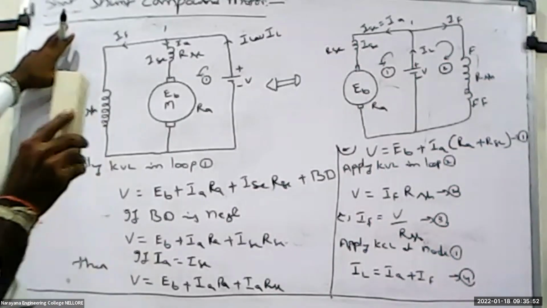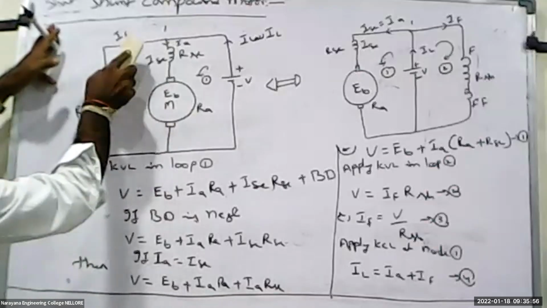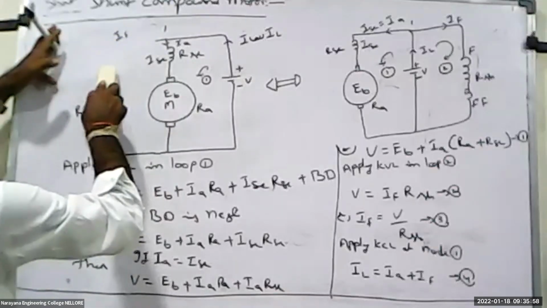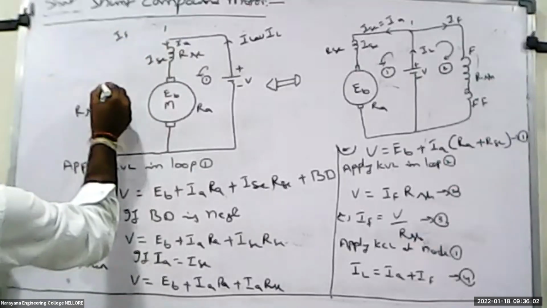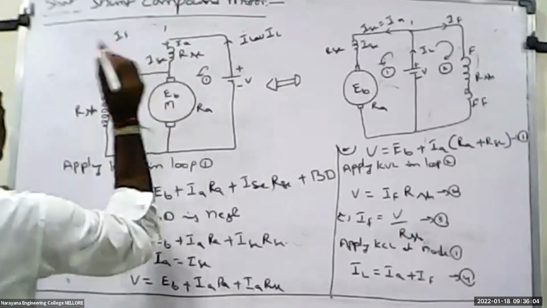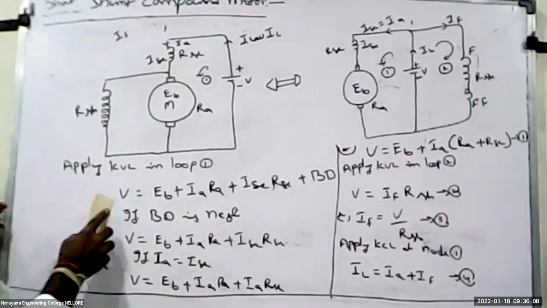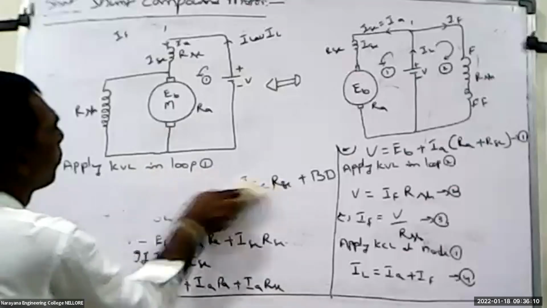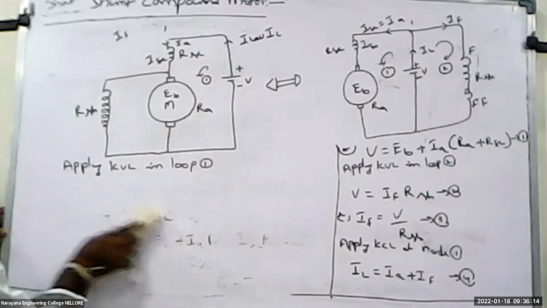Short shunt means the shunt field winding is connected short, that means before the series field winding. So the shunt field winding is connected across like this. So that is called a short shunt compound motor.